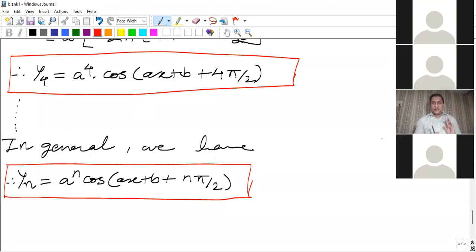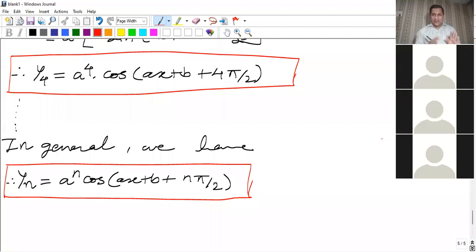Yes, sir. Do we have to simplify for odd and even n? We don't know right now what n is, whether it is even or odd. n can be anything, it can be 15, it can be 20. We are just finding the nth derivative. So this is the nth derivative.